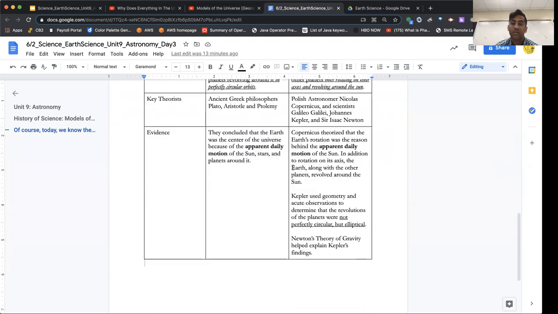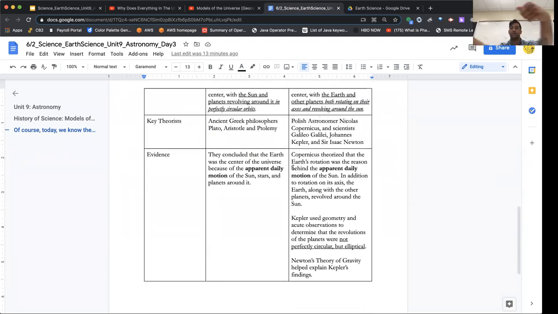And so some of the people who made important contributions were Galileo Galilei, Johannes Kepler, and Sir Isaac Newton, all right? So the idea here is that first, Kepler was able to use geometry and increased technology of telescopes to make the observation that, wait a minute, at certain points during the revolution, planets are farther away and closer to the Earth.